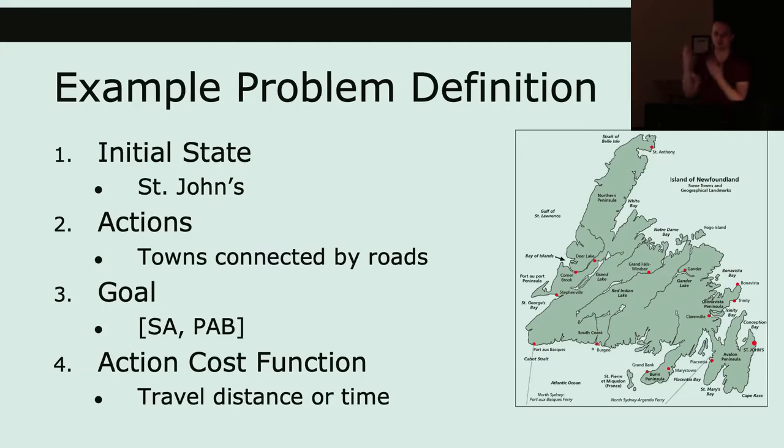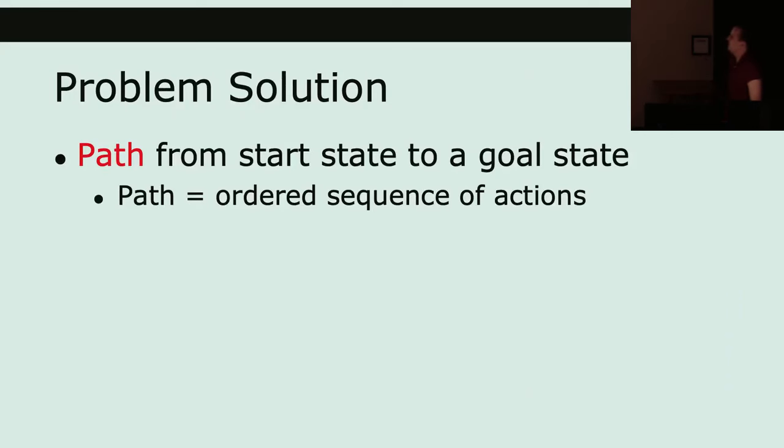When you're talking about directions, for example, directions are often described as a path. But for other things like solving a crossword puzzle or solving a Rubik's Cube, an ordered sequence of actions that you take is still called a path, even in those domains, even if it doesn't represent a physical path through the environment in distance. So a path is going to be from the start state to the goal state, and it is an ordered sequence of actions.